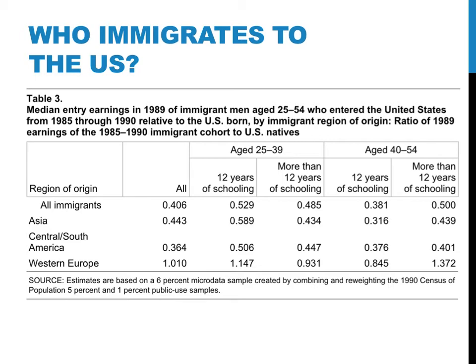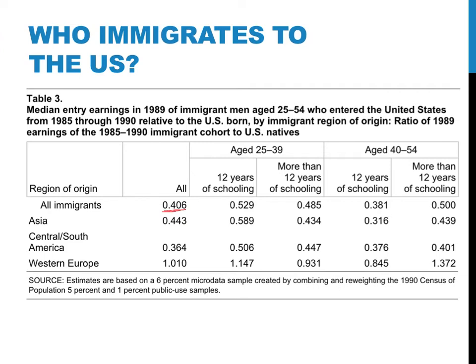And so overall, the median earnings of immigrants ages 25 to 54 in 1989 were lower than those of U.S. natives. So overall, immigrants seem to be of lower skill levels than the U.S. population as a whole. And if we break this down by region of origin, we've got Asia, Central and South America, and Western Europe.